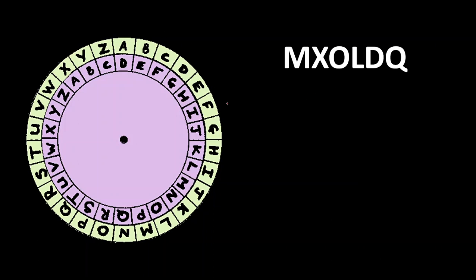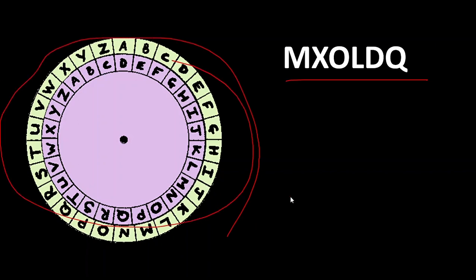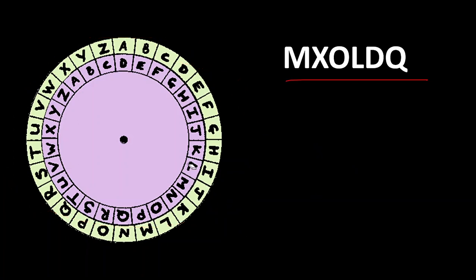Now, this is the given. What we have here is a very convenient wheel. This is going to save us a lot of time because all we have to do is look at the values.